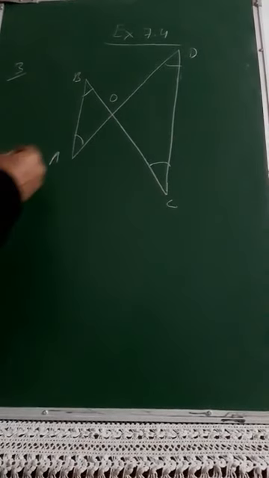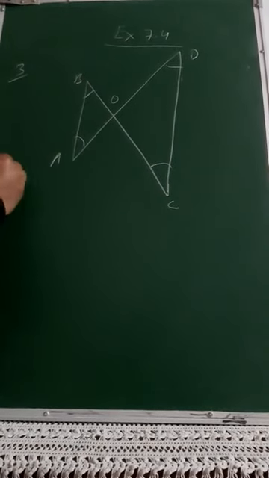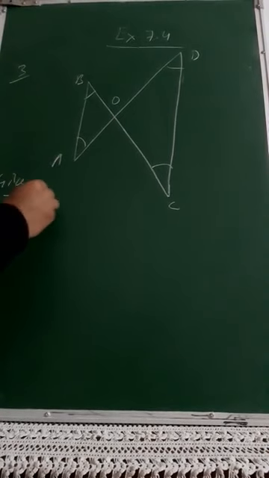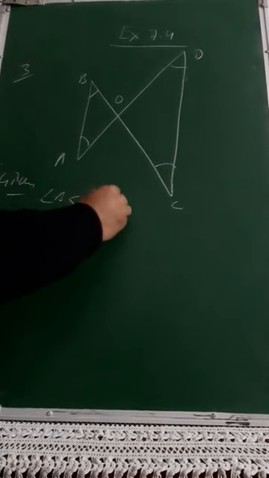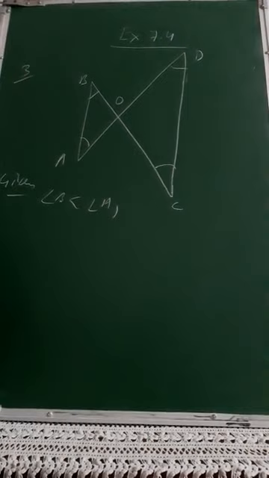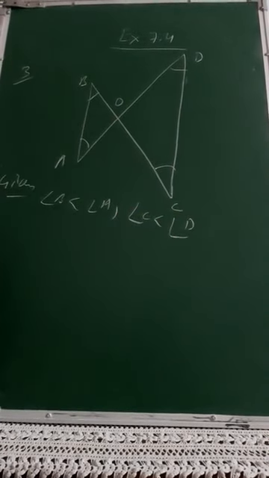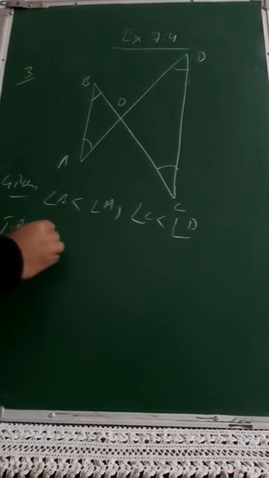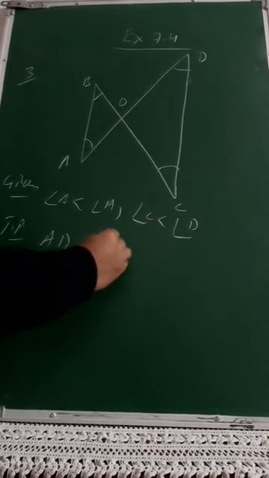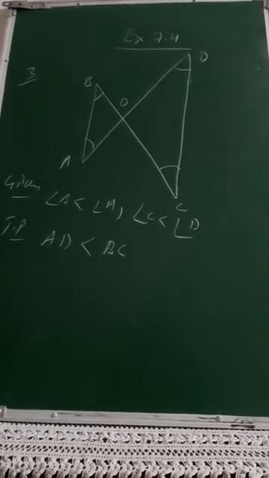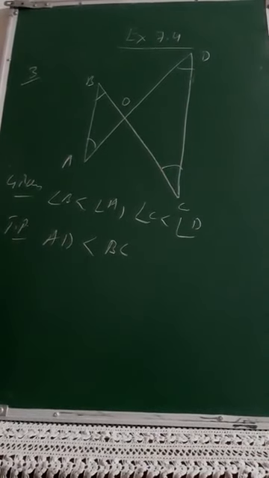It is given that angle B is less than angle A, and angle C is also less than angle D. What you want to prove is AD is less than BC.